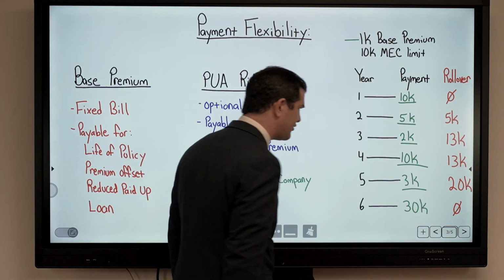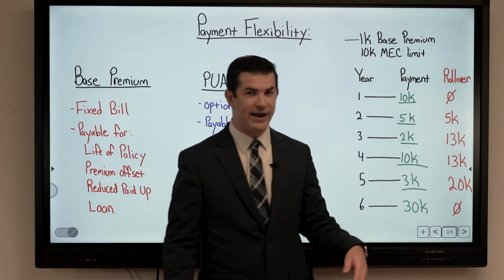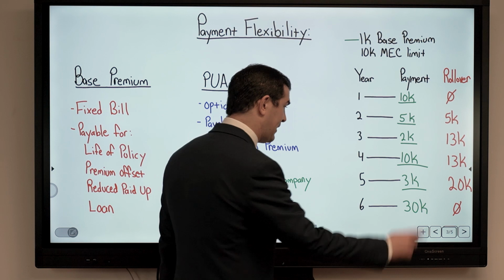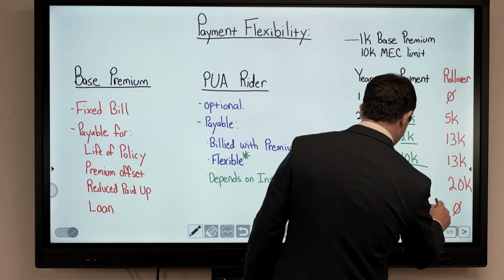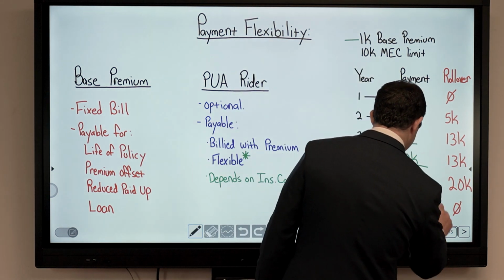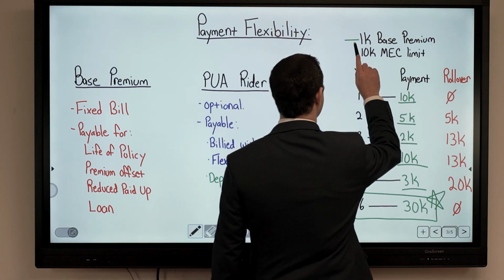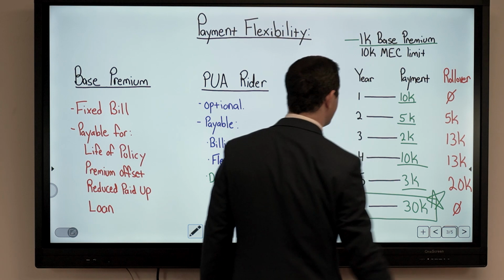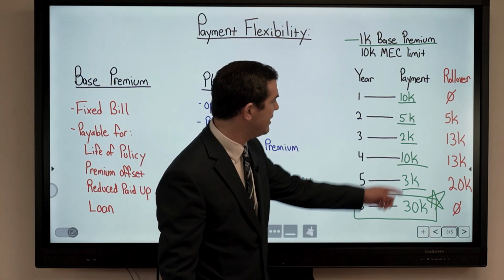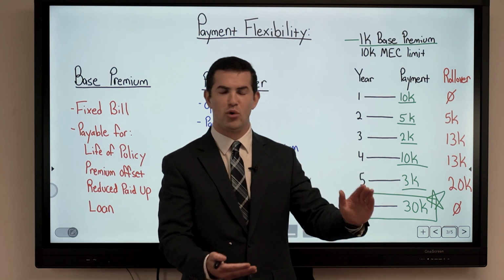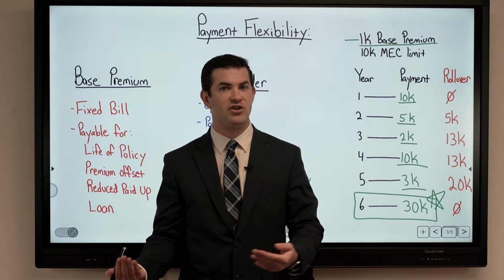Year 5, $3,000. Now what we've got in red, rollover space, that has to do with the MEC laws and MEC limitations. Depending on the company, and if they allow it again, many will allow me to make a big catch-up payment like this. Even though I have a $1,000 base premium, I could have paid in $10,000 per year. I did not, and with the MEC laws, any unused MEC space will roll over year to year, and I can make big catch-up payments.